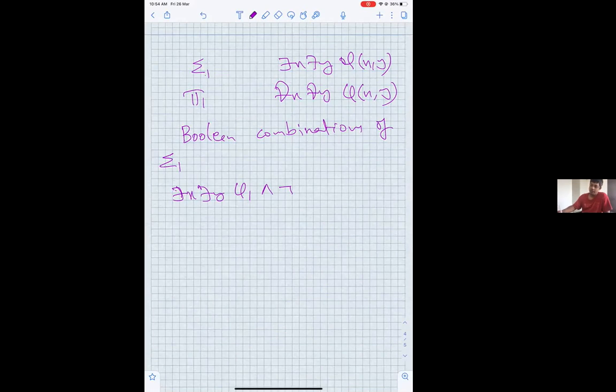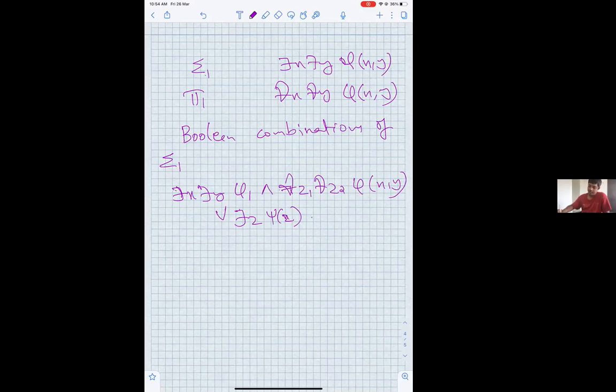So I can actually write a pi 1 formula, for all z1, for all z2, phi of x y, or there exists z, psi of x, z, something like that, some formula like this.